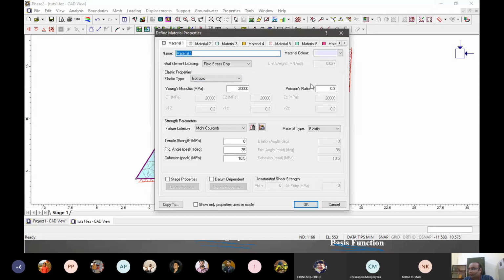We had unit weight, cohesion and friction. Here we have cohesion and friction, we also need tensile strength for Mohr-Coulomb, we need Poisson's ratio and we need Young's modulus. Because right now the analysis is based on stress metrics, that's why more of these things are required.